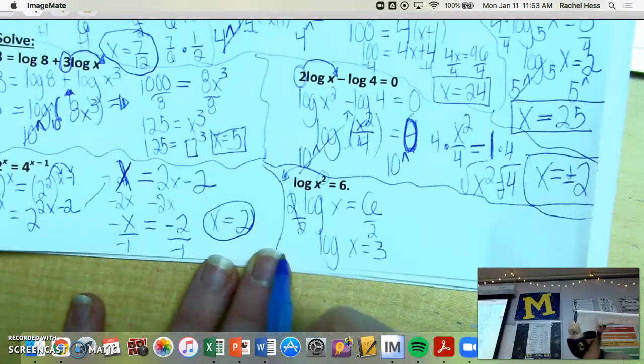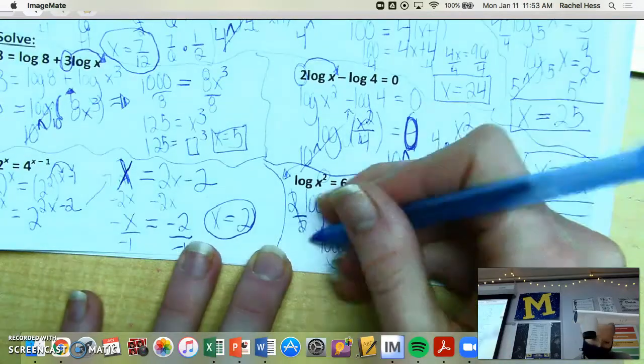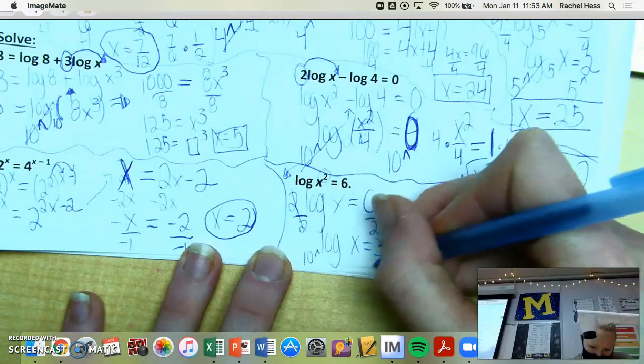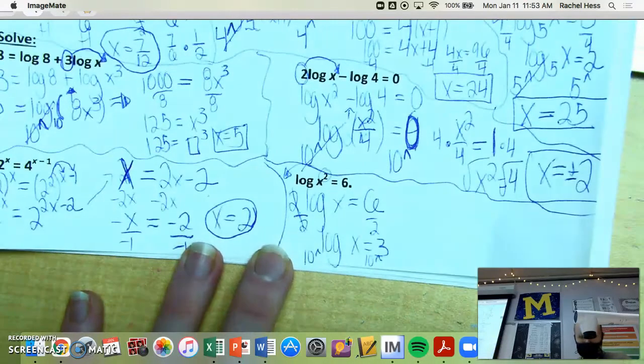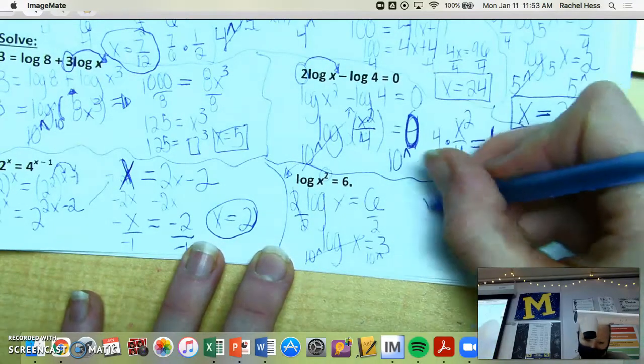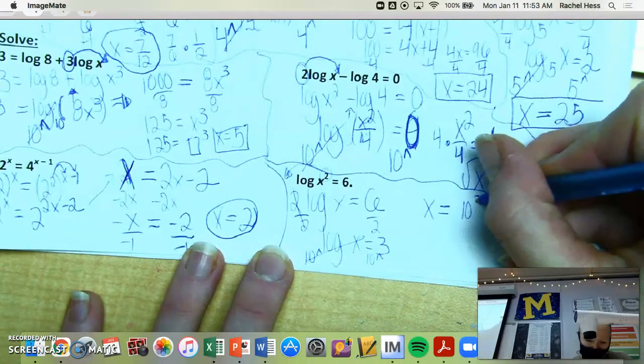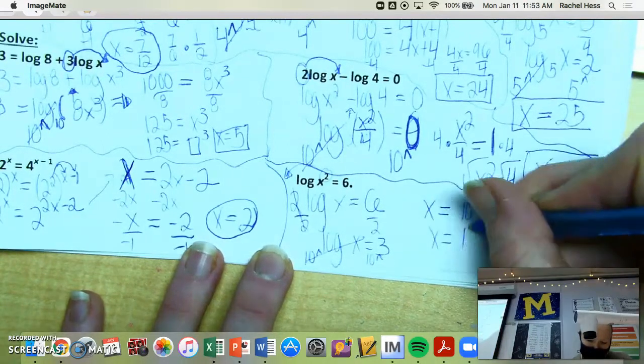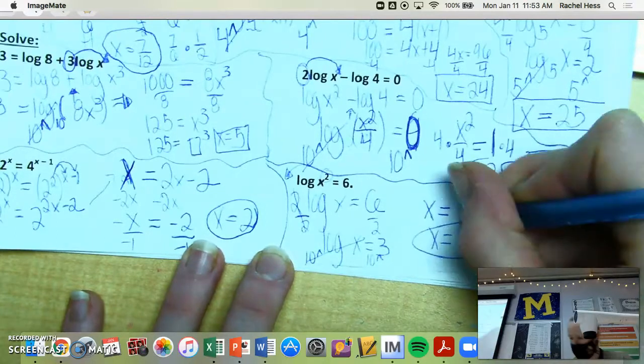Now we have log of x is equal to 3, so I can exponentiate using base 10 to get rid of the log in the base 10, and here I'm left with x is equal to 10 to the third power, which gives me 1,000.